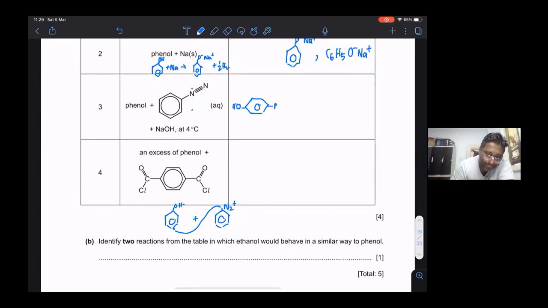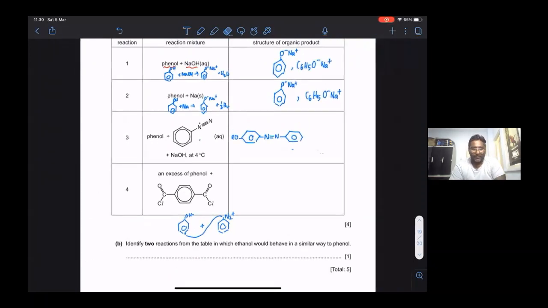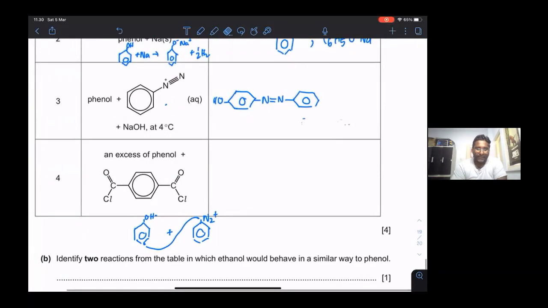So you will have nitrogen and then double bonds, and then you will have this. This is the molecule that will be formed, which is going to be the orange dye. But I think no need to write that. So this is going to be the diazotization.